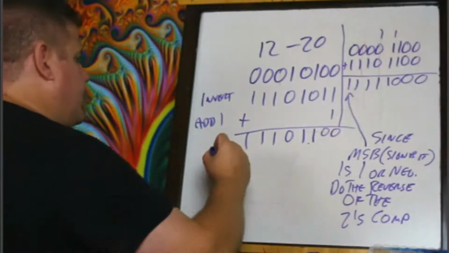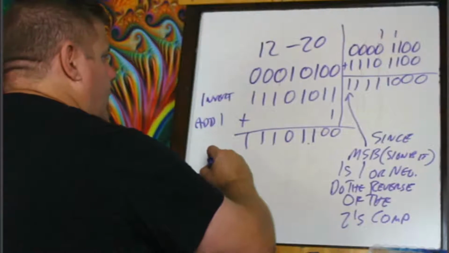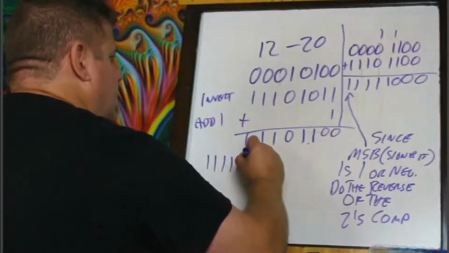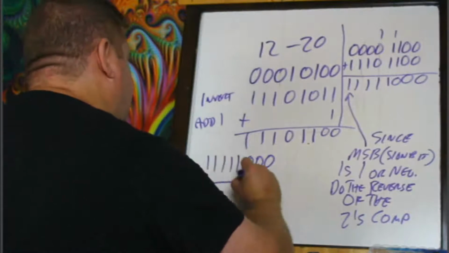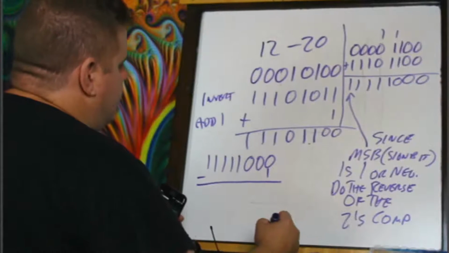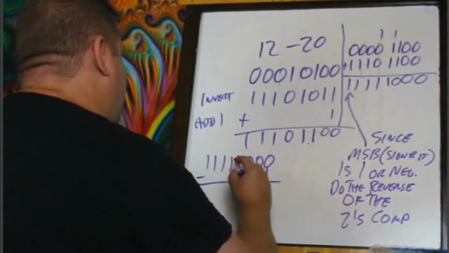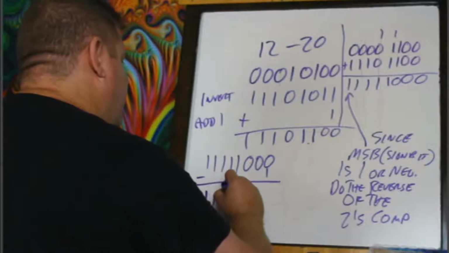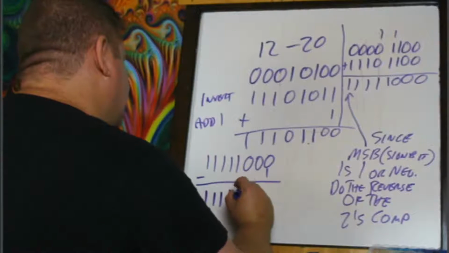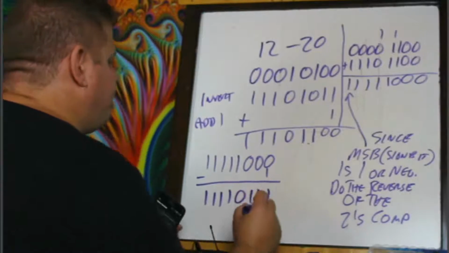So the first thing we do, we take 1, 1, 1, 1, 1, 0, 0, 0. We subtract 1. Ultimately it's going to borrow from here, and so you're going to be left with 1, 1, 1, 1, 0, 1, 1, 1.